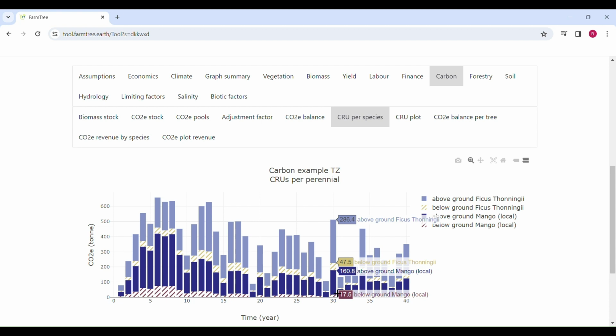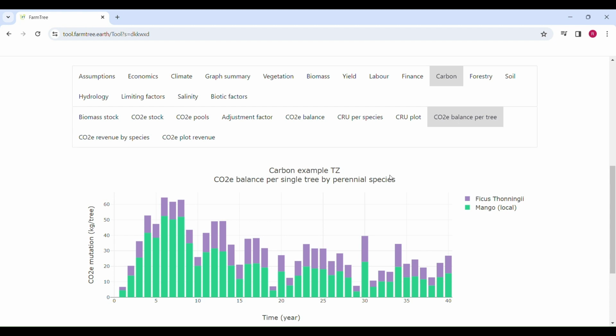Now, if we want to zoom in on the carbon that is sequestered per individual tree, we go to CO2 equivalence balance per tree. In this graph, you can see the carbon that is sequestered by individual trees of different species. This is calculated by dividing the total carbon sequestered by a species by the number of trees planted of that species.